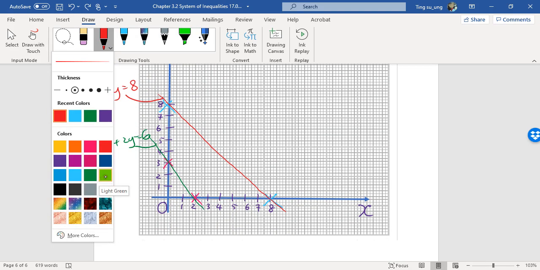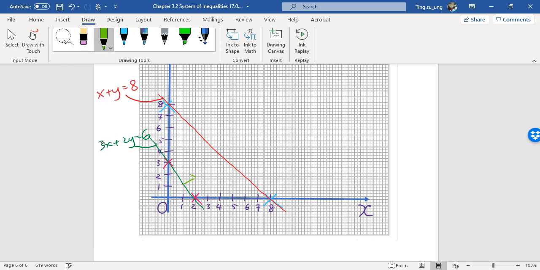If you find it hard to remember, actually they have a clue here. What I will advise you to do is just draw a small arrow like this, to show where the shaded region is. If you want to rub it off later, it can be done also. If it's very small, then it should not be a problem.